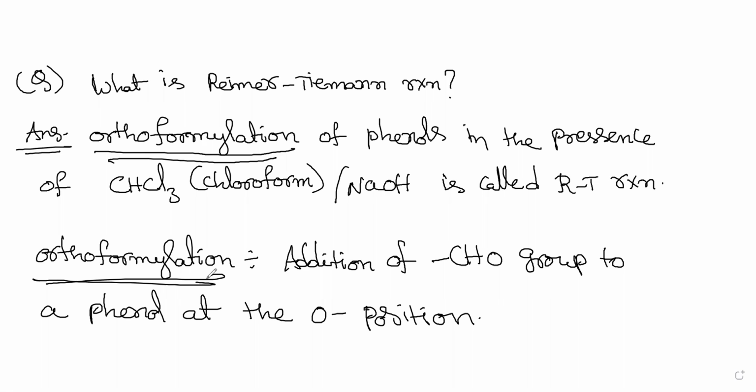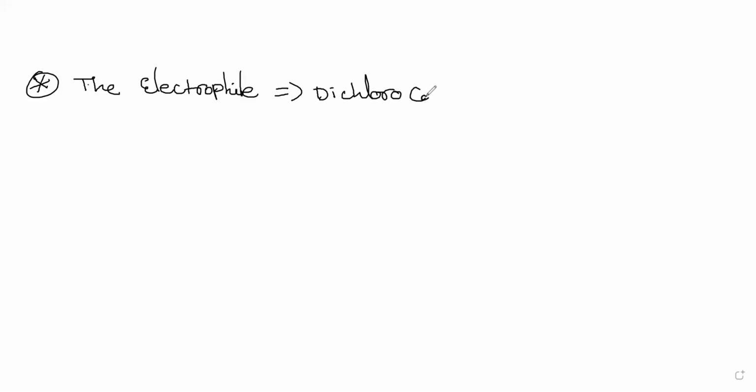Now the electrophile is dichlorocarbene. These are points you have to remember. The dichlorocarbene is the electrophile. So this goes via electrophilic aromatic substitution reaction.